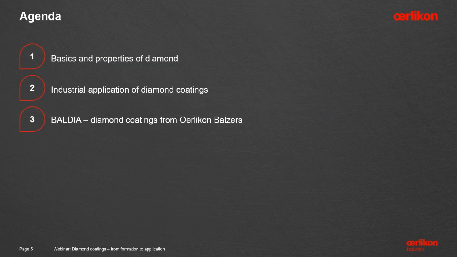The agenda we have prepared is, I think, relatively meaningful. We'd like to discuss the basics of what it is when we speak about a diamond. There are a couple of different technologies now in the industry. Then in the second part, we will explain, especially when it comes to diamond coatings, how it is made in manufacturing.